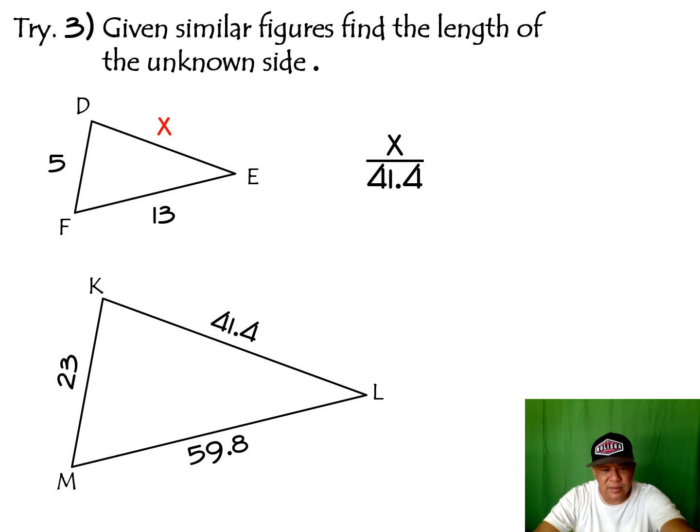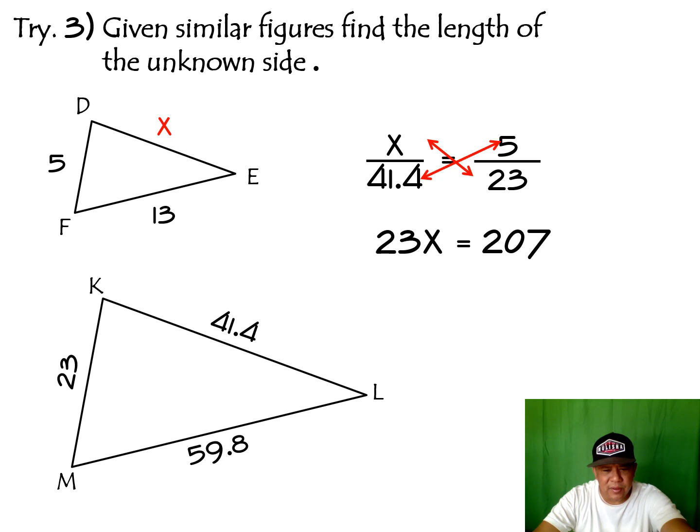It'll give you the same answer. So I'm going to use 5 is to 23. Cross multiply. That's X times 23 is 23 times... 5 times 41.4 is 207. Divide by 23, divide by 23, and the answer is 9. You got that one right? Good for you.